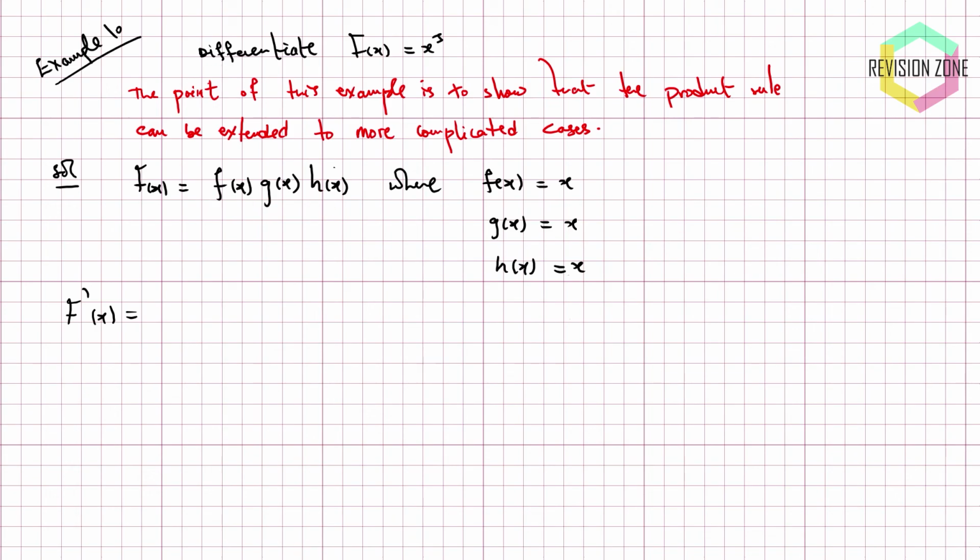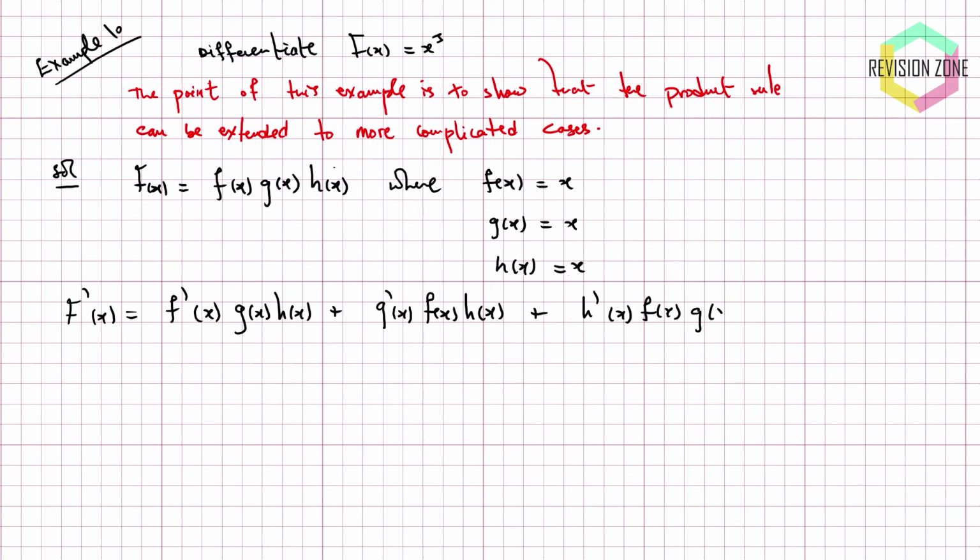And you can go away and maybe think about this, but what you can figure out is the product rule formula in this case is going to be f prime times gh, plus g prime times fh, plus h prime times fg.